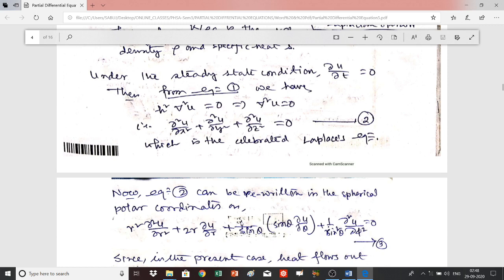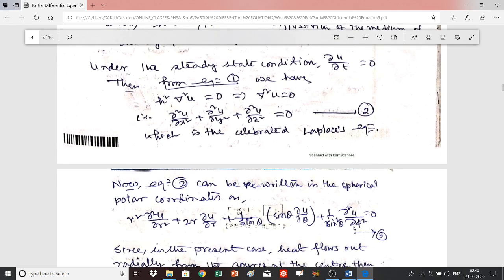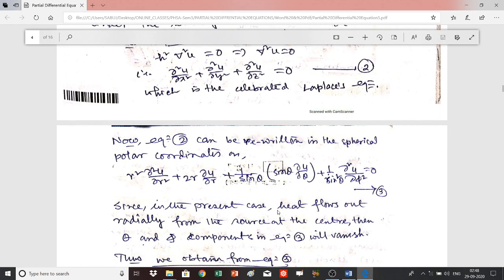If you use this Laplacian operator on the temperature function u, you will get this expression. Since in the present case heat flows out radially, as given in the problem, that is, the heat flows in the radial direction, there will be no θ and φ component.